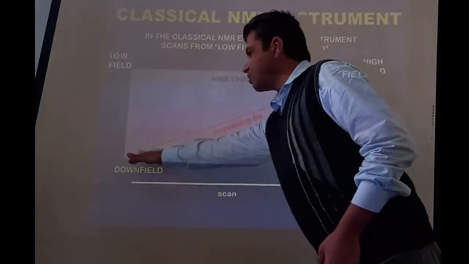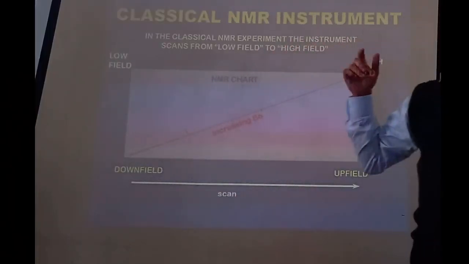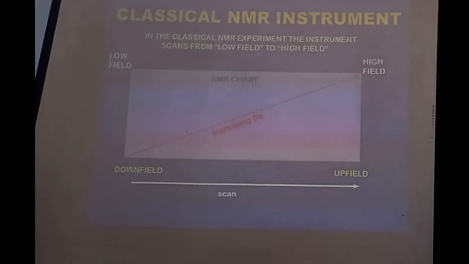You start increasing the magnetic field, and you see that the Larmor frequency of the protons starts increasing, and what happens is that these different types of protons which are present in your molecule start resonating one at a time. As soon as their Larmor frequencies match the frequency of the radio frequency transmitter, resonance takes place and you see a signal.